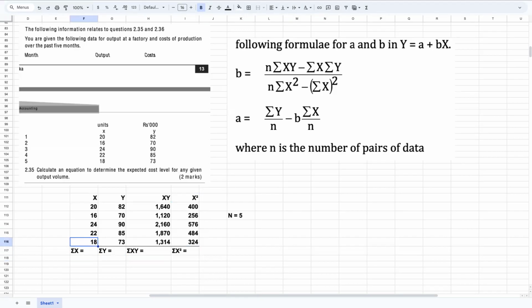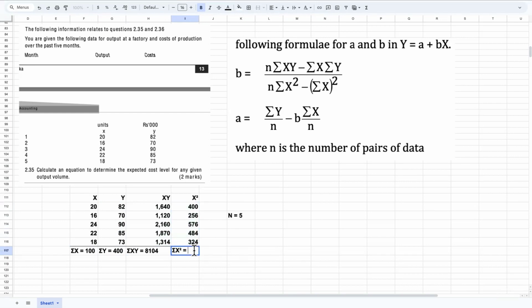Those all are sums. So if you add all these values, we will get the number 100 here. And if you sum all these numbers, you can get 400 for sigma y. And if you add xy, the sum of xy is 8104. And sigma x squared, the total is 2040.